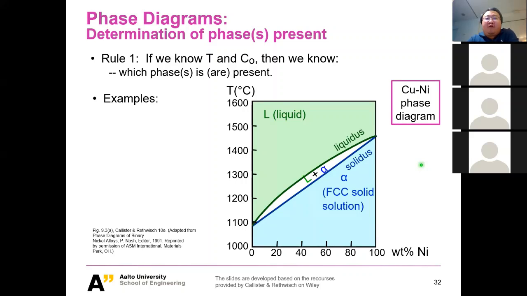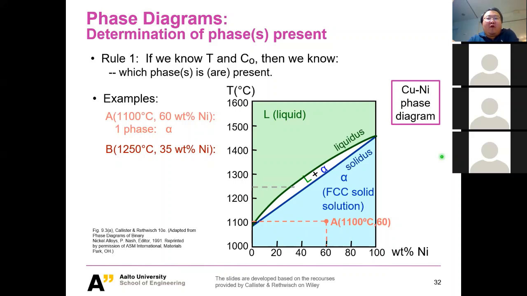If you know a temperature and a concentration, for example 1100 degrees C and 60% nickel and 40% copper, and you want to know what your material will be, the phase diagram tells you it is an alpha solid solution. It's an FCC solution.